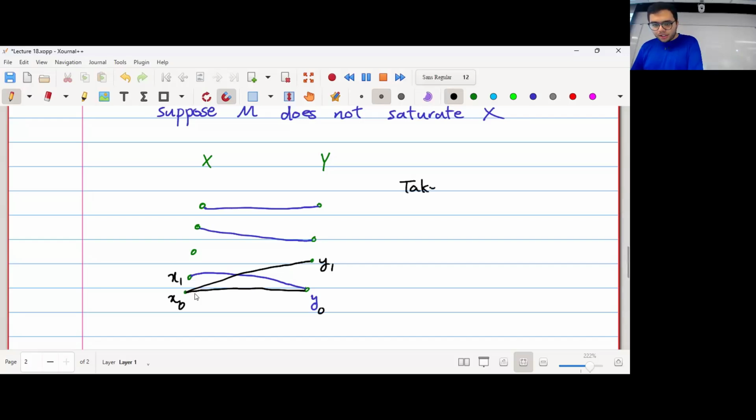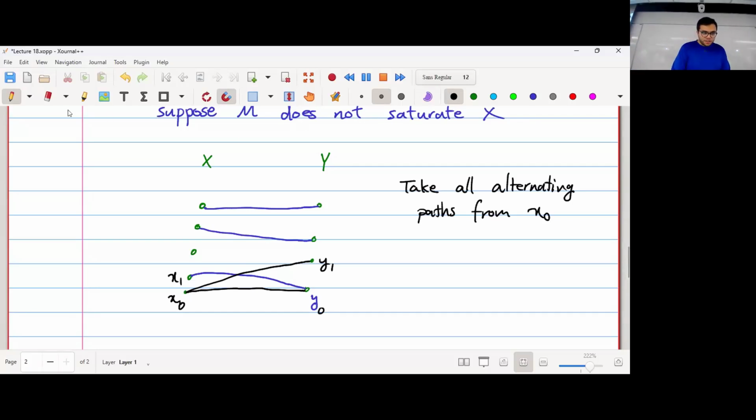Take all alternating paths from x0. Now, if I take all the alternating paths that I can have from x0, I can reach some of the vertices on the left side in X, and I can reach some of the vertices in Y. Okay. So let me just draw this again in a different way.